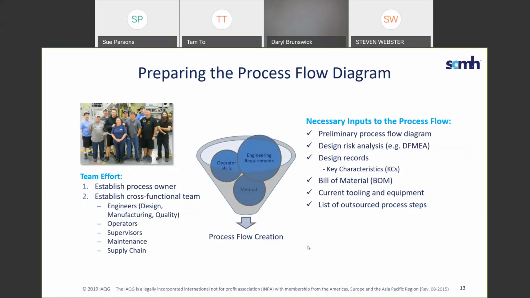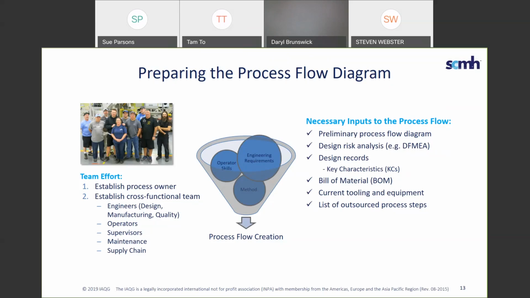So what does it take? It's a team effort. Firstly, you want to establish a process owner and that cross-functional team. A process flow creation depends on the input being provided, which may be, but is not limited to, the current methods being used, the operator skills, and the engineering requirements. So it's key to consider those as you're establishing those cross-functional team members, as they will be bringing their personal experiences to the table.